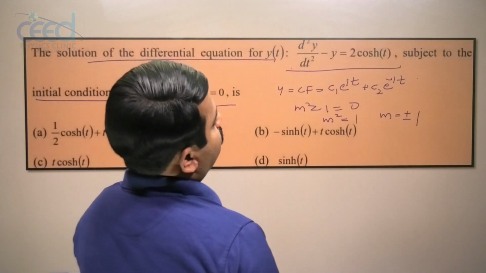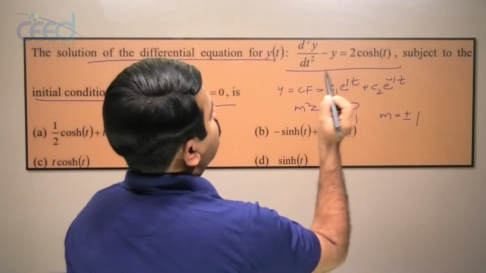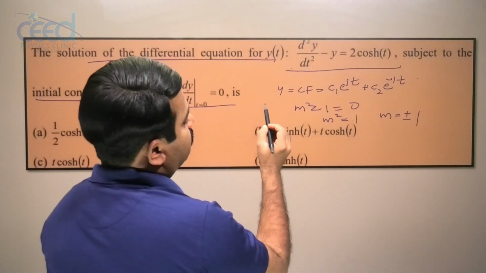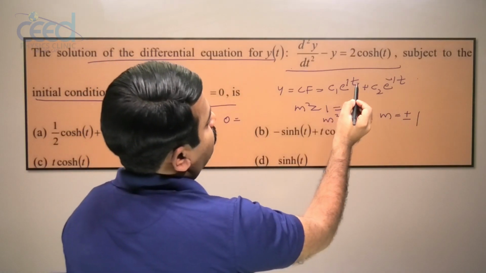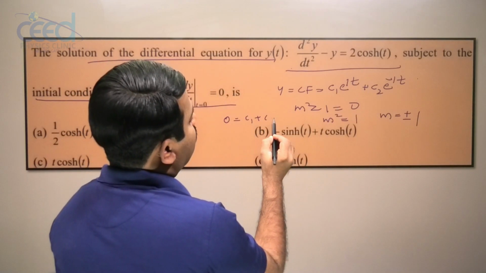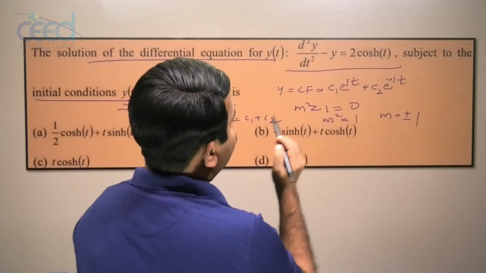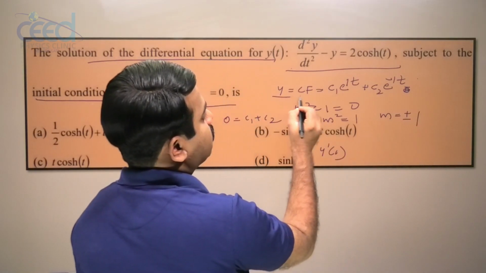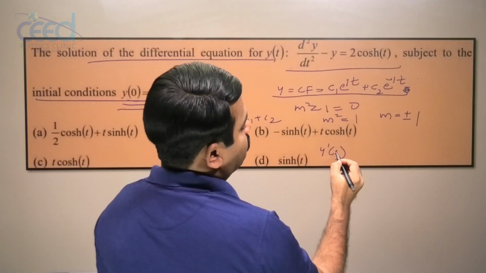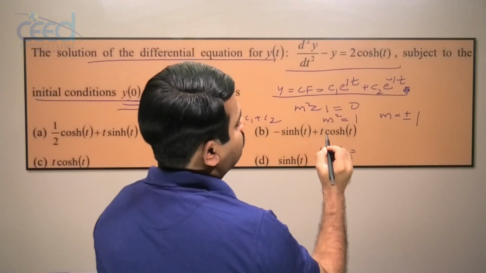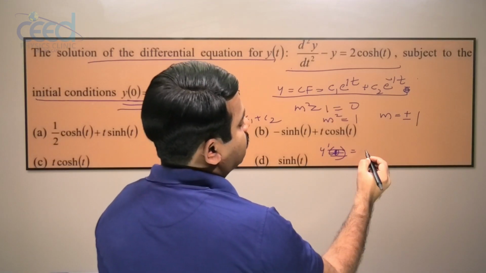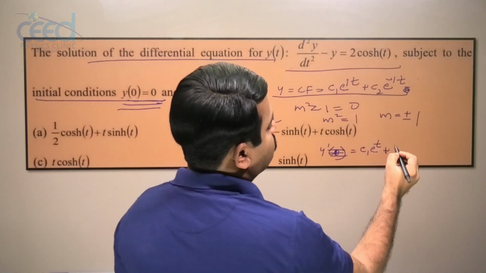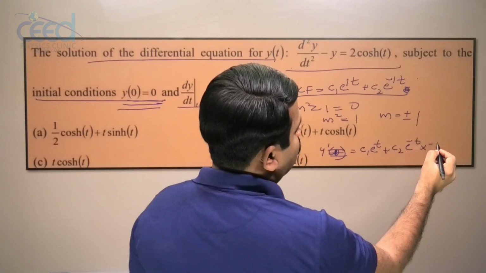Now what are the values of c1 and c2? From the condition y of 0 equal to 0, putting t equal to 0 gives c1 plus c2 equal to 0. Now differentiate to find y dash: c1 e raised to t plus c2 e raised to minus t into minus 1.